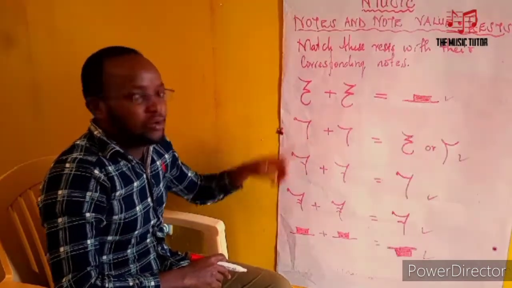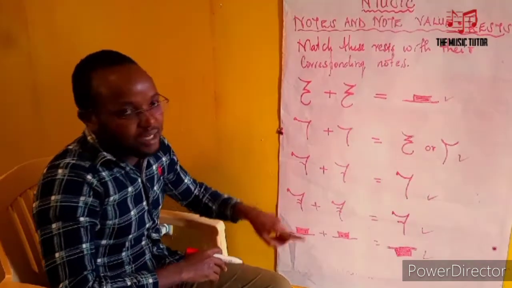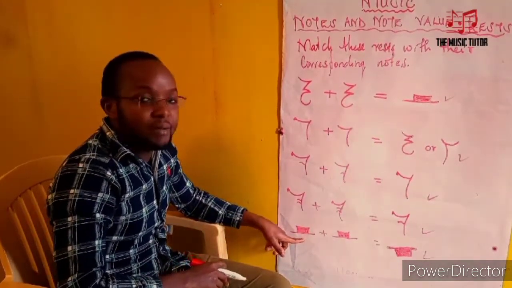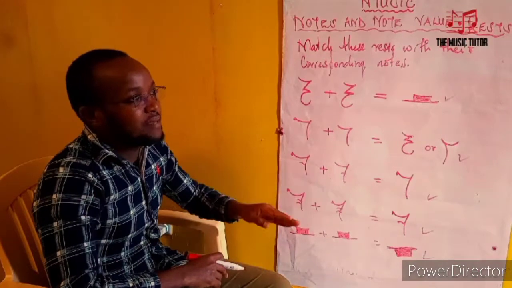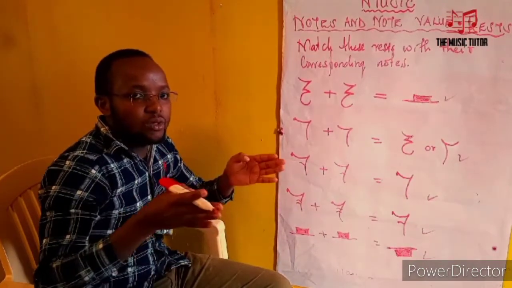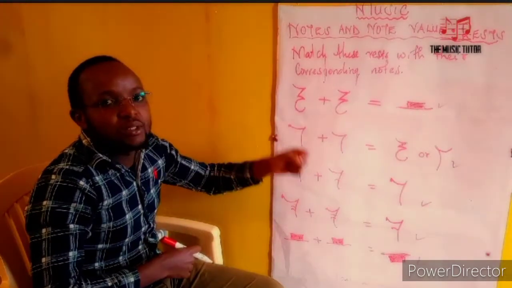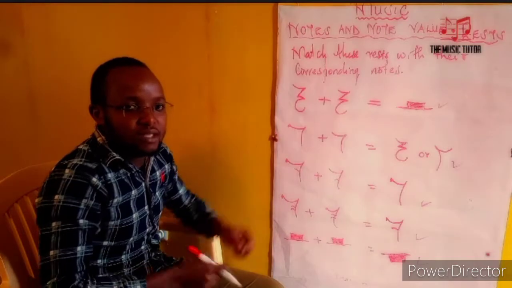A quaver, a quaver. A semiquaver, a semiquaver. A semi-demi-quaver, a semi-demi-quaver. And also a minim, it carries the value of a minim. Meaning the silence should be equal to the note that corresponds with that particular rest.